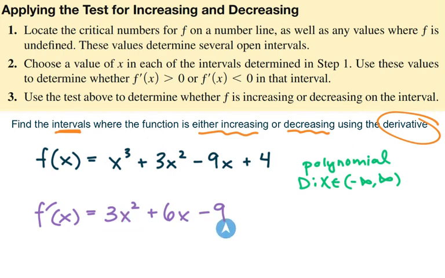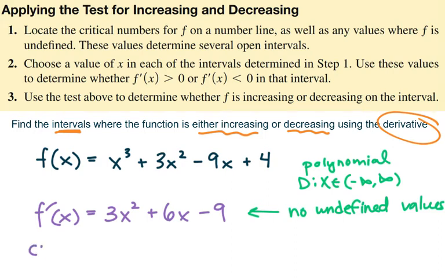It's a quadratic polynomial. And so looking at this, we would say the domain of the derivative is all real numbers, and that there are no undefined values, okay? If there was an undefined value, we would list that as one of our critical numbers.